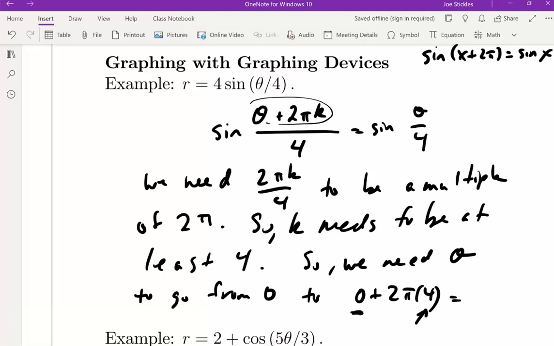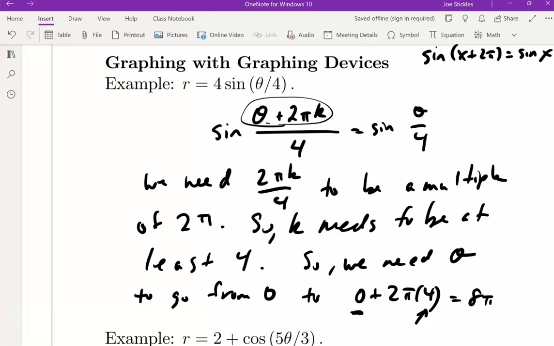And then I'm just looking at what we've got in here for our theta to be coterminal. And that's where the 8 pi comes from, the highest point that we need. And notice that when you use Desmos, it automatically selected it. But of course, if you're doing this on your graphing calculator, it's not going to automatically select it for you. You've got to figure out what to type in.